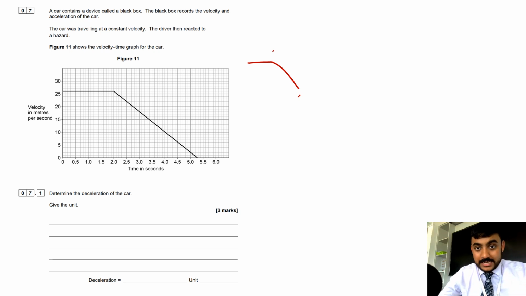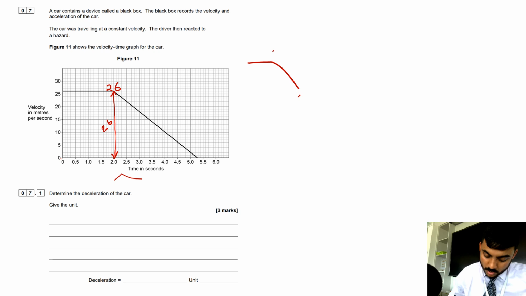The deceleration, or I'm just going to call it acceleration from now on. Acceleration is the change in velocity over time. The change in velocity is, quite simply, it starts from 26 all the way to 0. So the change in velocity is 26.